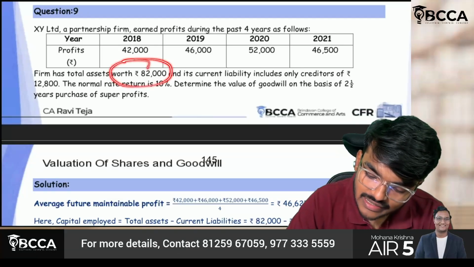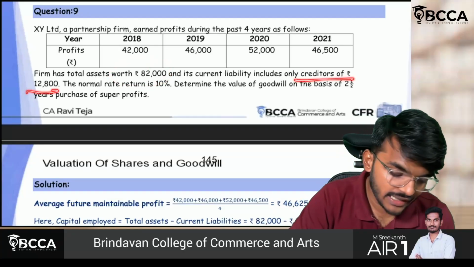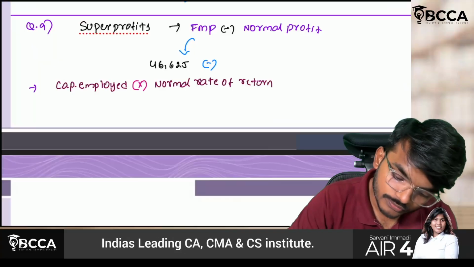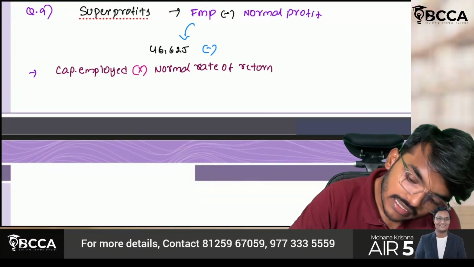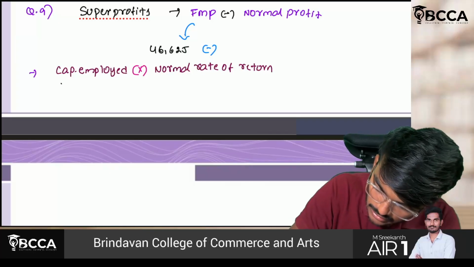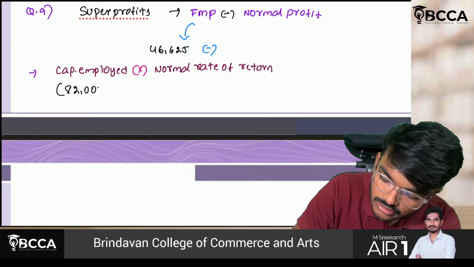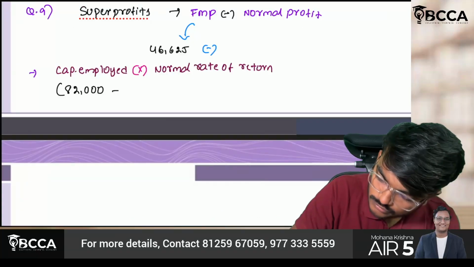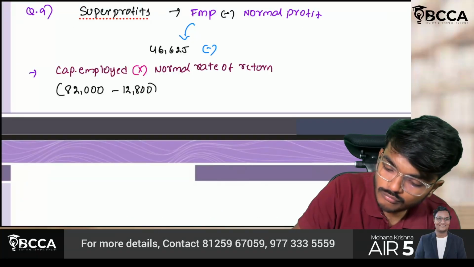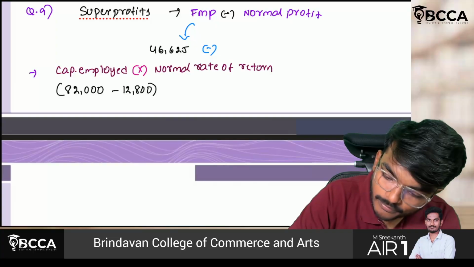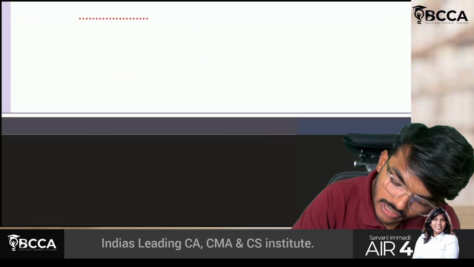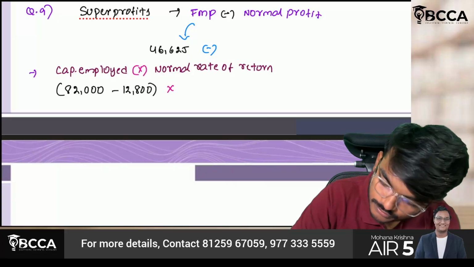82,000 are the total assets. Creditors are 12,800, which means 82,000 minus 12,800, multiplied by the normal rate of return, which is 10%.